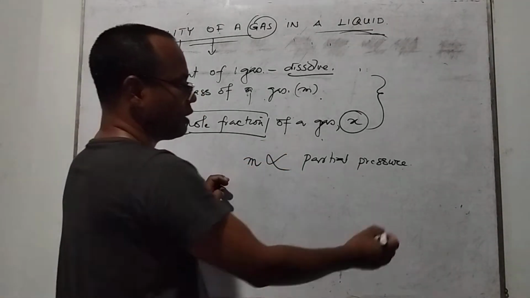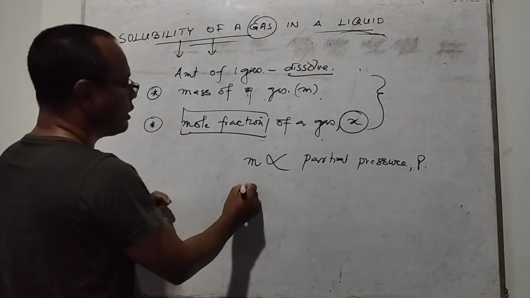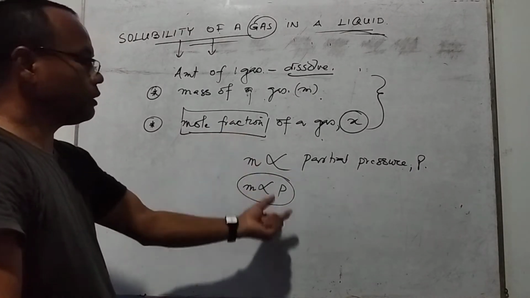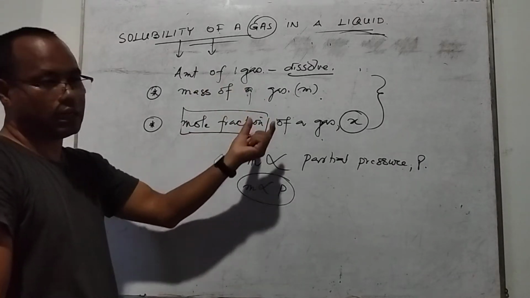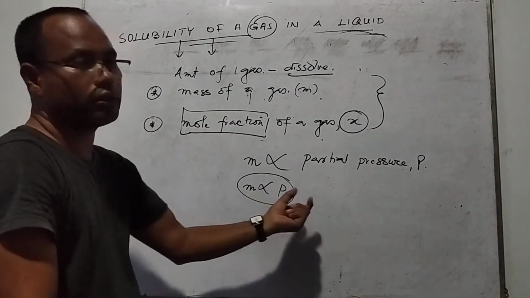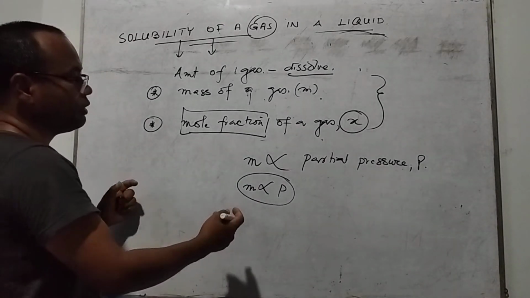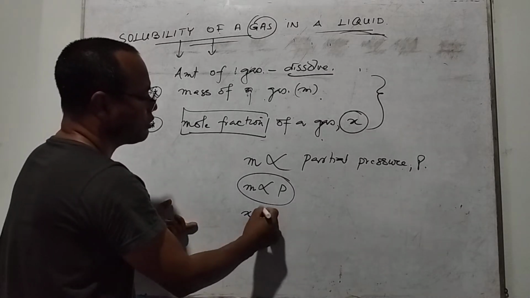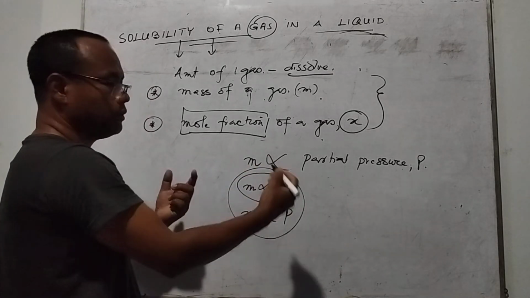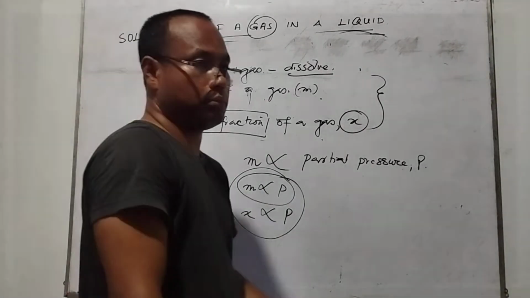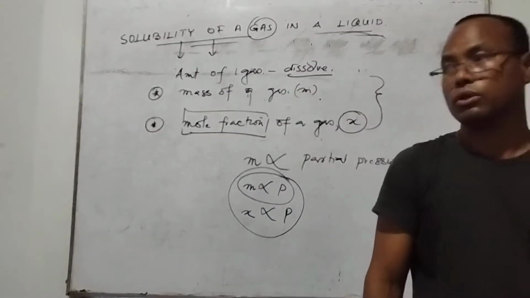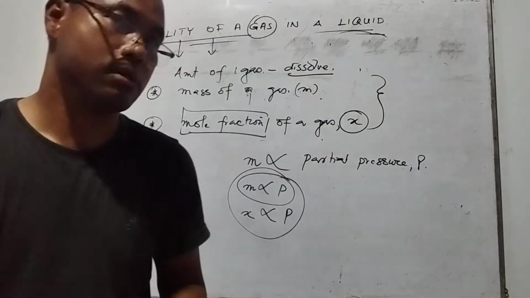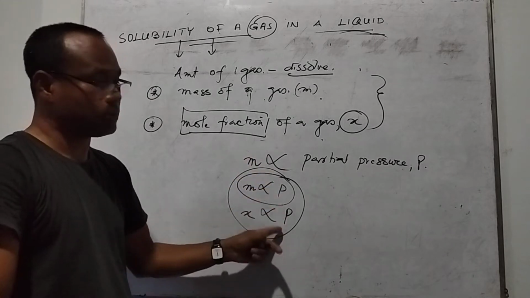Let me write P. So I write M directly proportional to P. When the pressure is more, the mass of the gas dissolved is more. That means they are directly related to each other. Now the mole fraction of the gas dissolved is also directly proportional to P. So this is the mathematical relation: the mass of the gas dissolved or the mole fraction of the gas dissolved is directly proportional to the partial pressure.